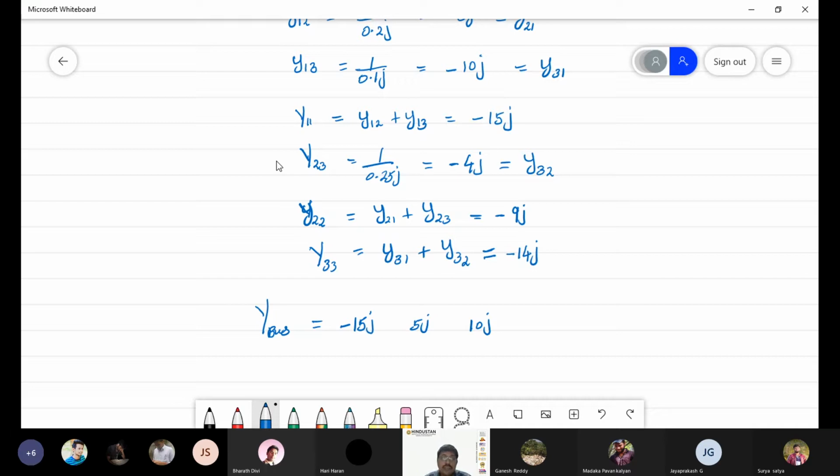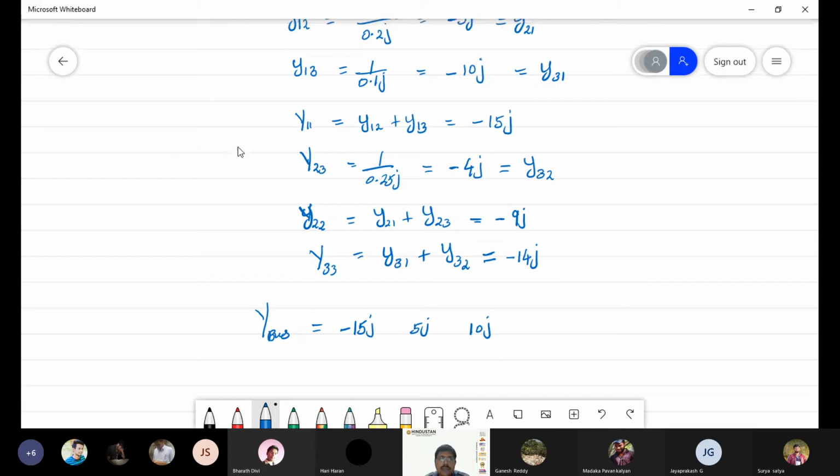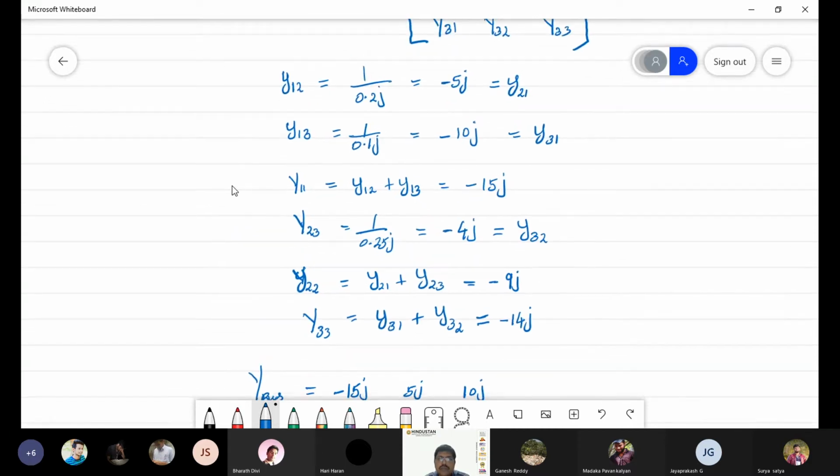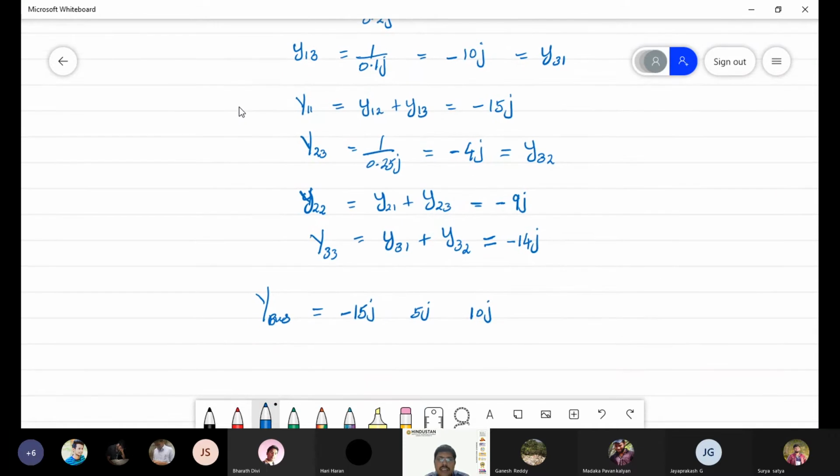We need to form the Y bus, so that's why I'm explaining again. Listen, then similarly we need to form Y21, Y22, Y23. Y21 is equal to Y12, that is again we know that it is 5j. And Y22 is equal to minus 9j, and Y23 is equal to 4j.